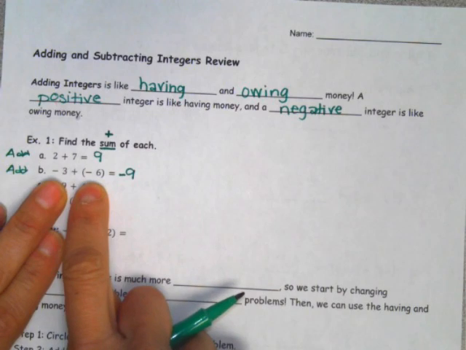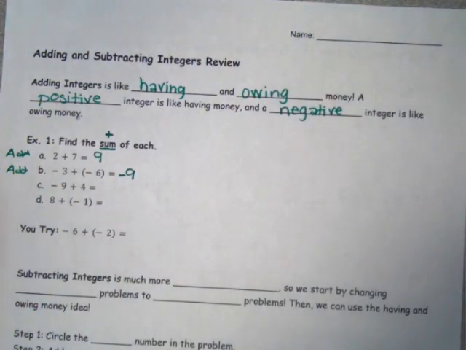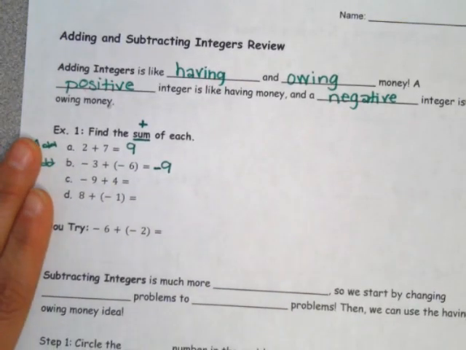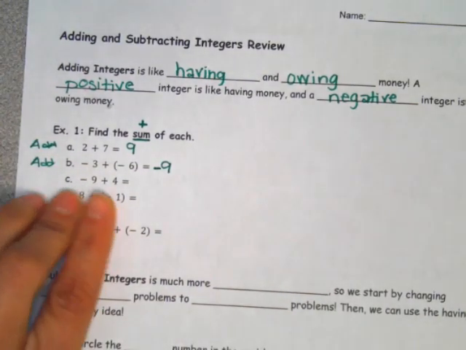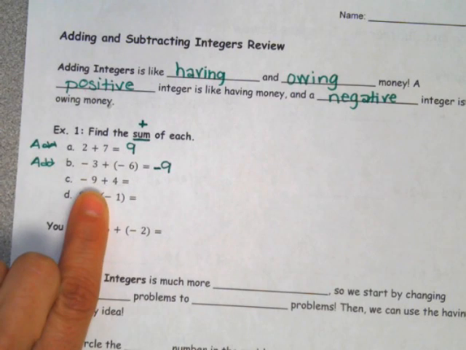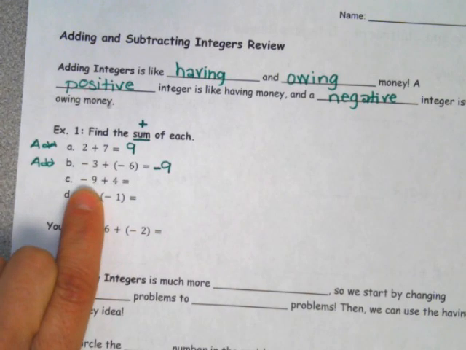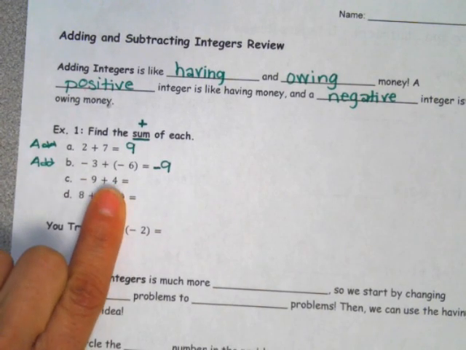Okay, let's look at the next situation, and maybe I should zoom this in a little bit. That's a little better. Okay, now in this situation, you have a negative 9. So it's like you owe Mrs. Patma $9. The positive 4 means you have $4 though. So you owe Mrs. Patma $9. You have $4, and let's assume you give it to her, right?